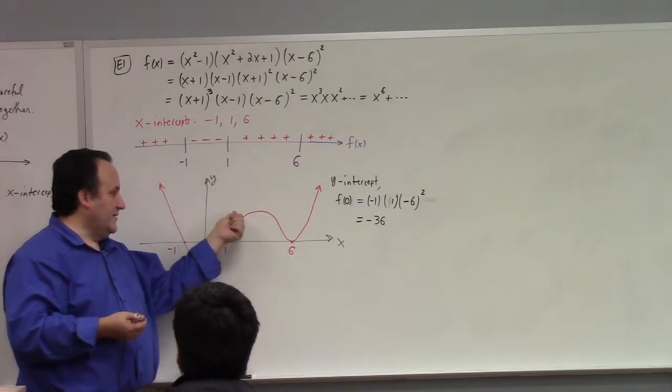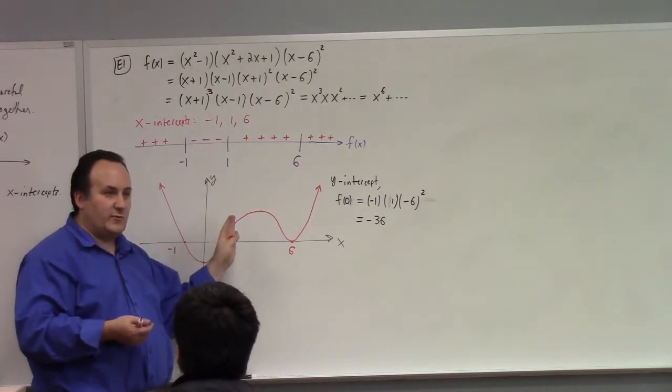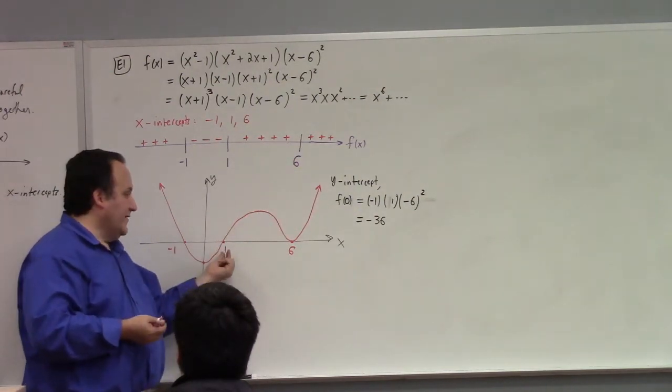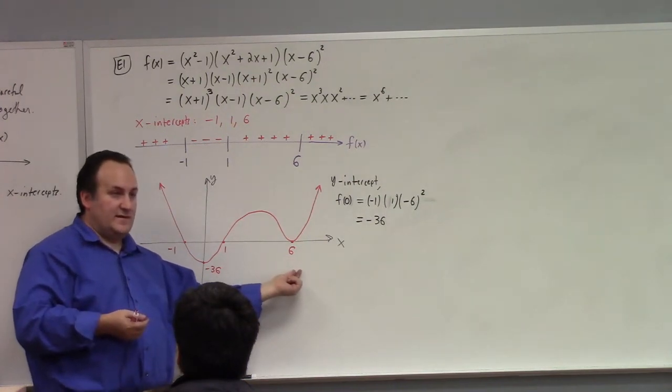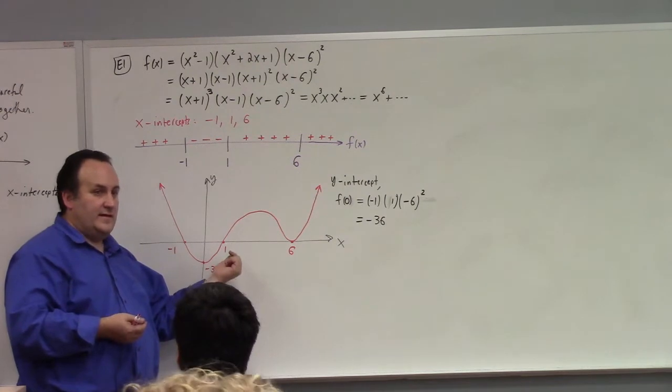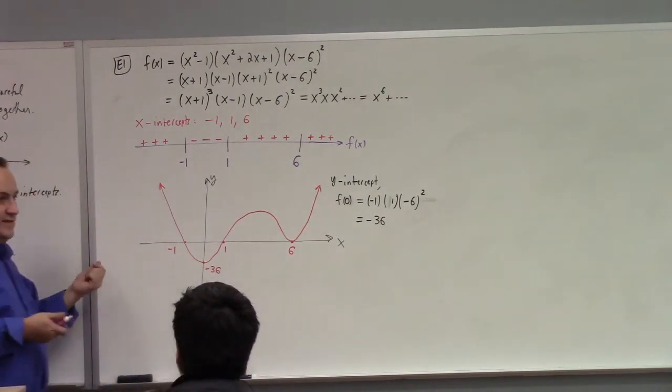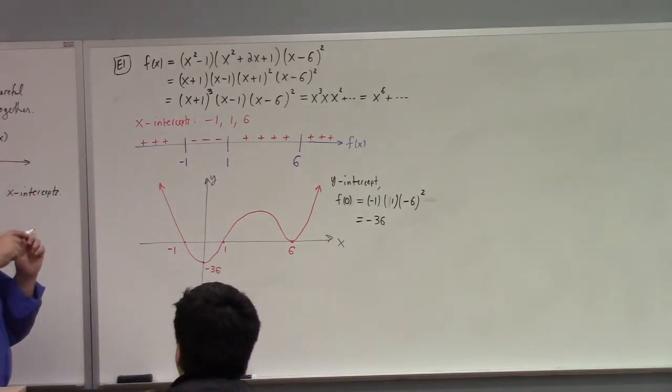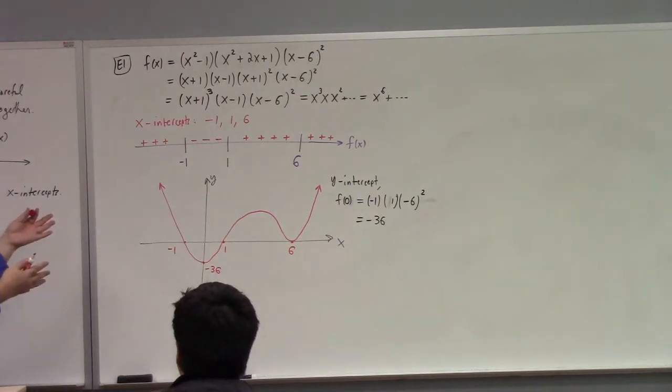It could be over here, it could be over there. I know it's somewhere between 1 and 6, because it has to come back down to cross through 1, logically. And polynomials have graphs which are continuous, which means you have to be able to graph it without lifting your marker. So I'm forced to draw this with those x-intercepts.